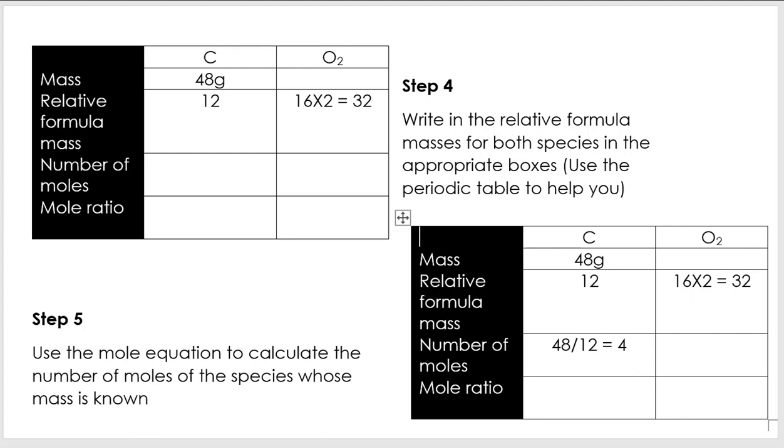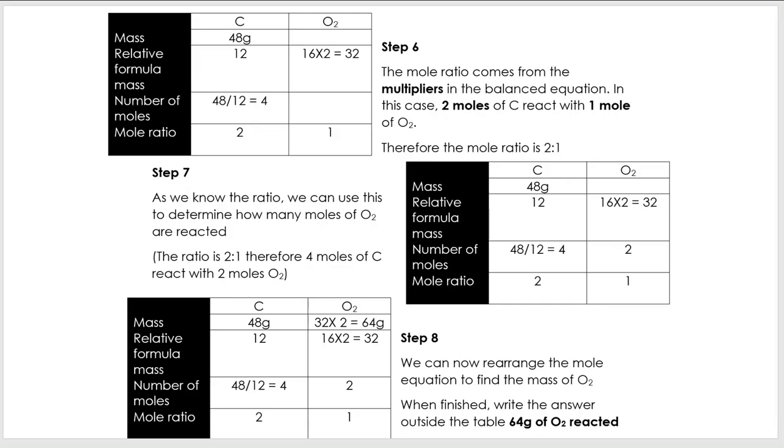I can then use my equation. My equation tells me that my mole ratio of carbon to oxygen is 2 to 1. 2 moles of carbon react with 1 mole of oxygen. So I've got my mole ratio here. And if 2 moles react with 1 mole, then 4 moles will react with 2 moles.